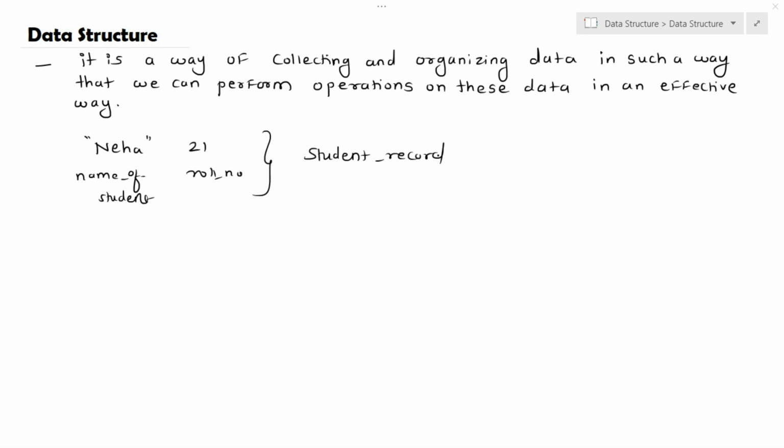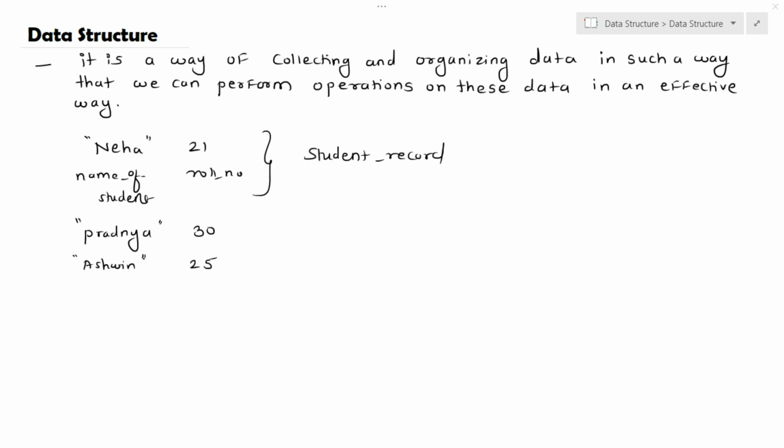For example, we can store other data, for example, name of student as Pradnya and roll number as 30, then name of student as Ashwin and roll number of this student is 25. So again, names of students are of string data type and roll numbers are of integer data type.